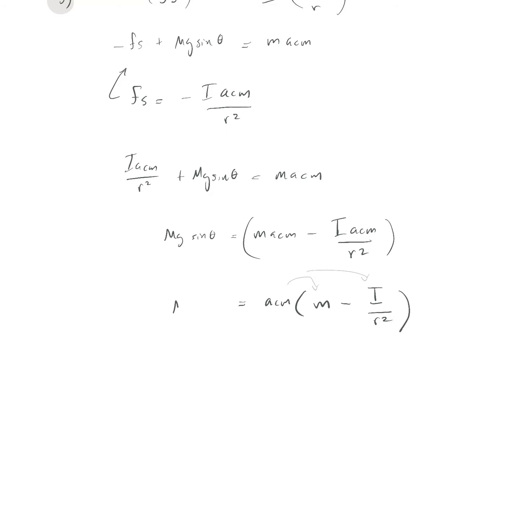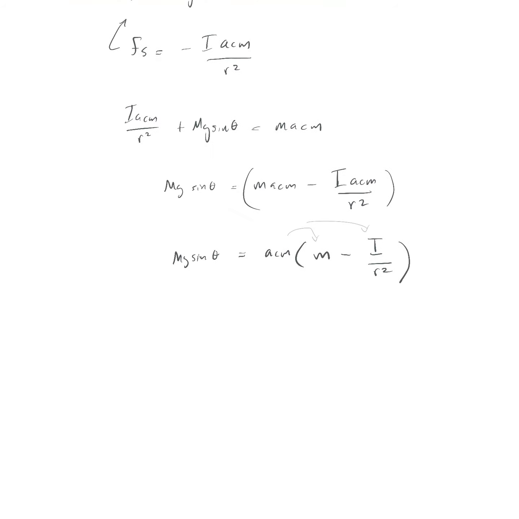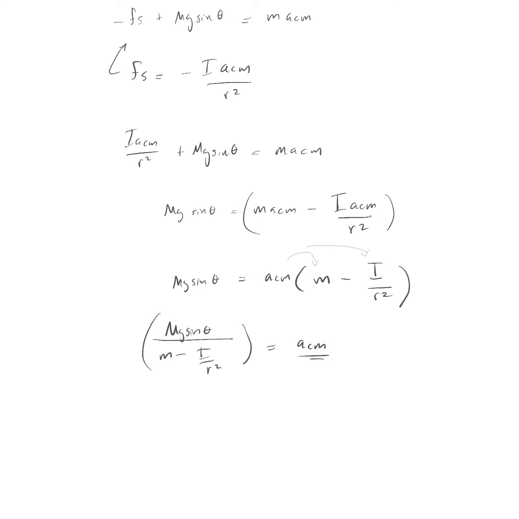So mg sine of theta. Now I have an easy way to divide: mg sine of theta over M minus I over R squared is equal to ACM. I think that's in terms of what we were given. Oh, I'm sorry, I changed the sign.